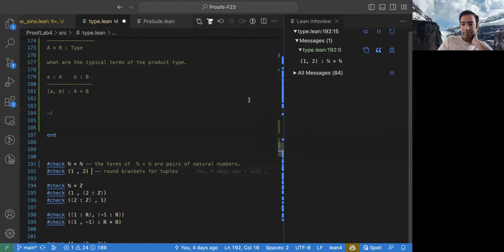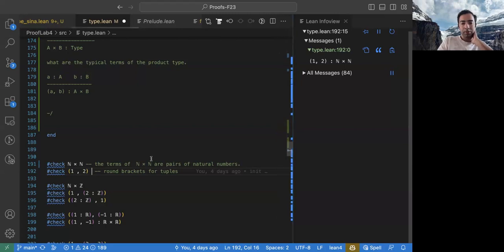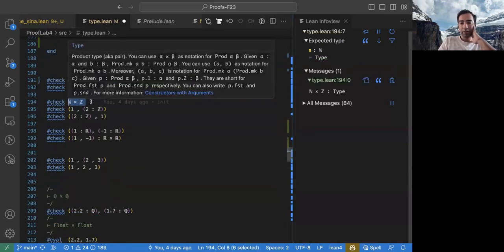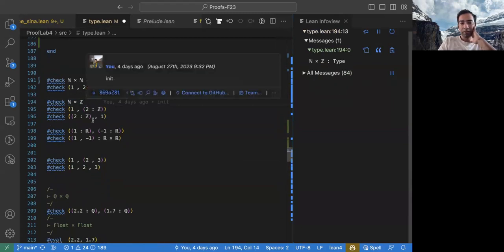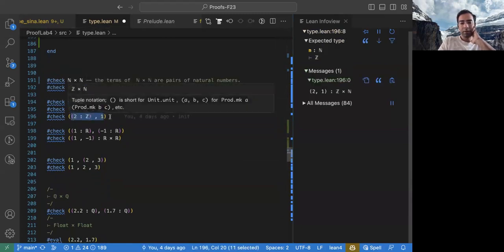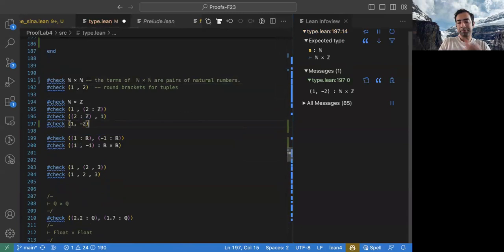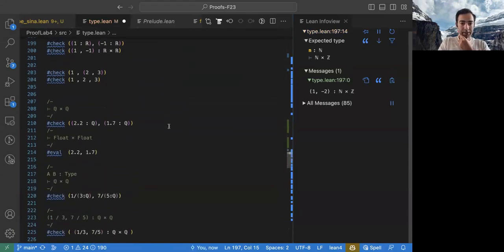Does that make sense? Okay. And now here, I have constructed natural number cross integers, and 2 and 1 is a term there. You can also check that 1 and -2 is going to be a term in there. Okay, great.